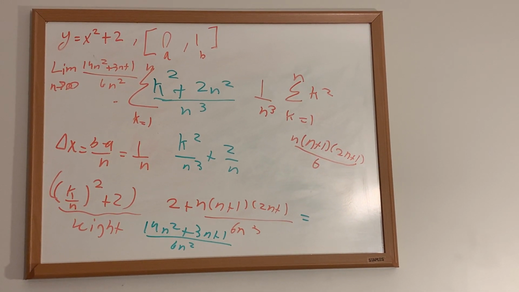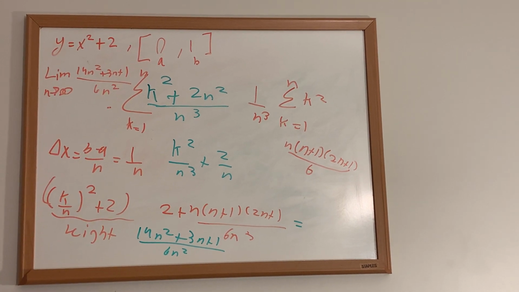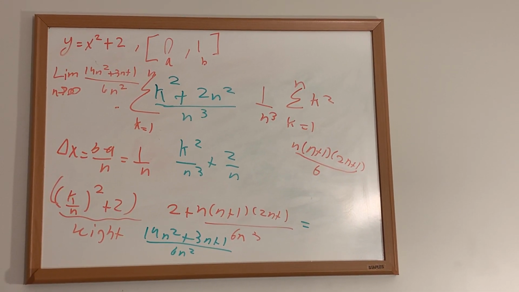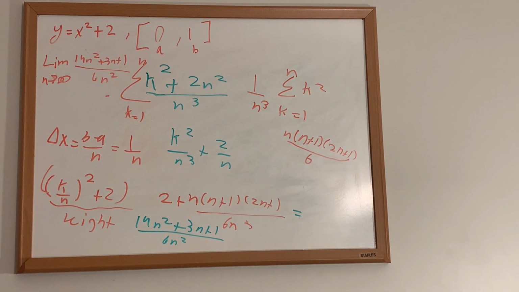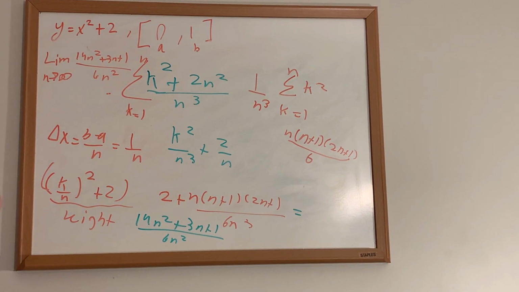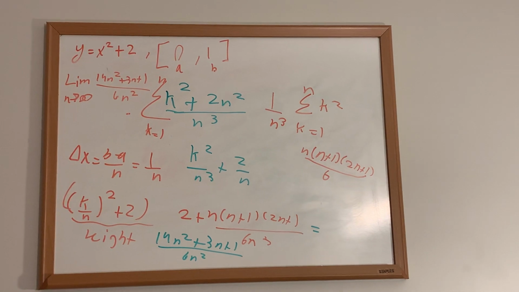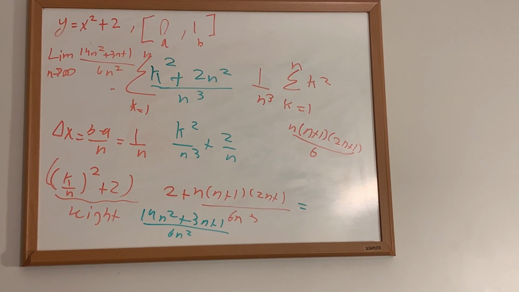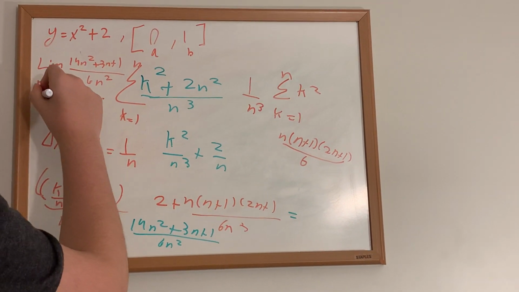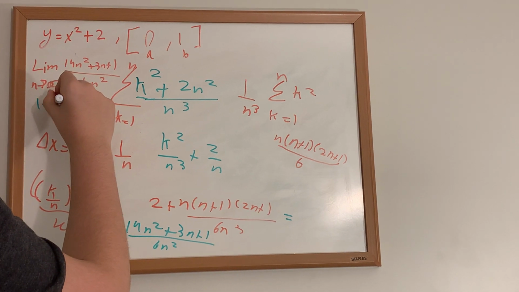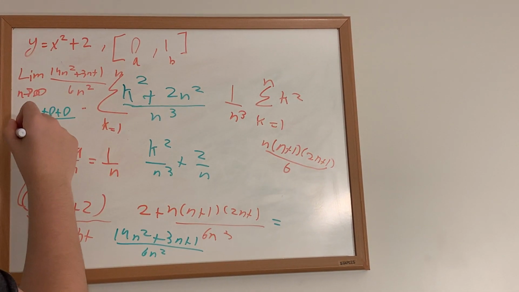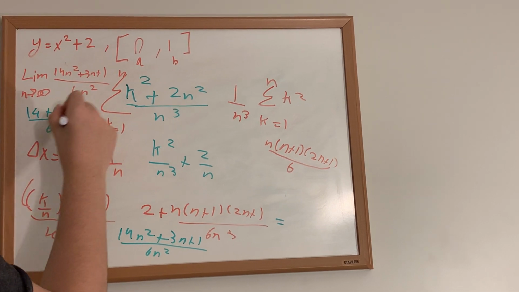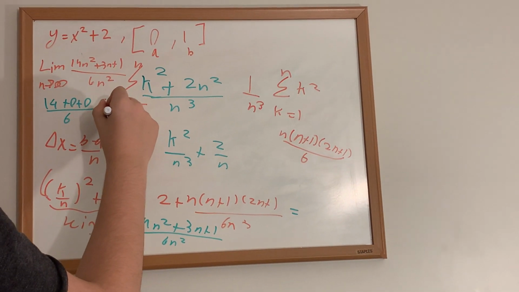And if we take the limit of 3 over n, we know that 3 over n converges to 0, so we can replace it with 0. And also for 1, if we divide by n squared, we get 1 over n squared, and then it converges to 0 also. So we can write the answer as 14 plus 0 plus 0 over 6n squared divided by n squared, which is just 6, so the final answer is 7 over 3.